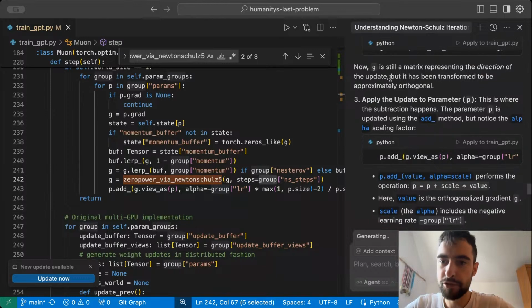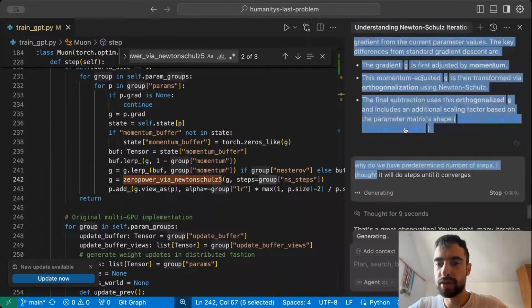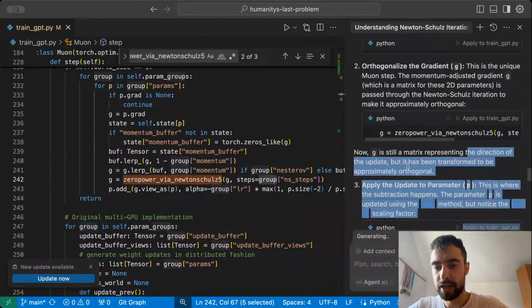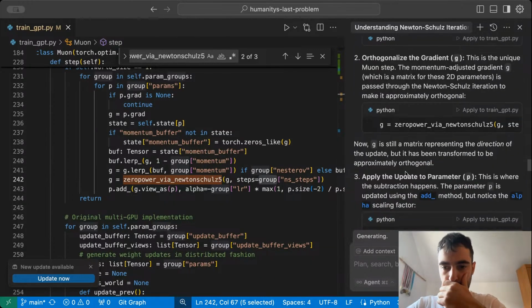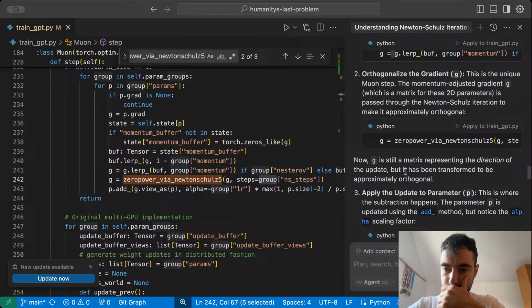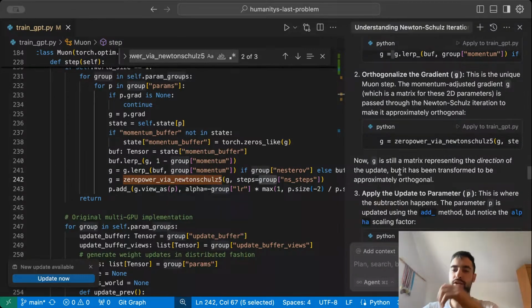Okay, now G is still a matrix representing the direction of the update, but it has been transformed. Let me check. To be approximately orthogonal. But why? Okay.